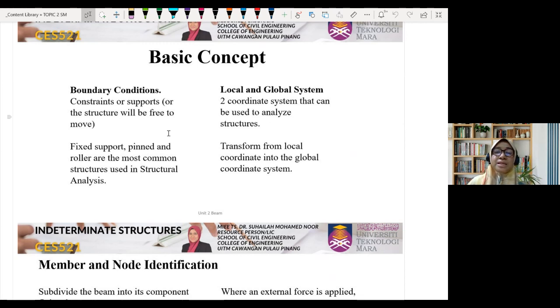In the analysis of a beam using the stiffness method, we actually have two coordinate systems: local as well as global. But in the analysis, we can straight away use the global system to analyze the unknown displacement as well as the unknown reaction.